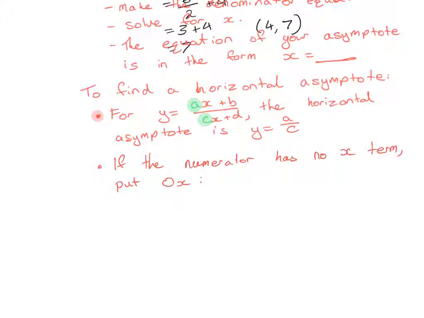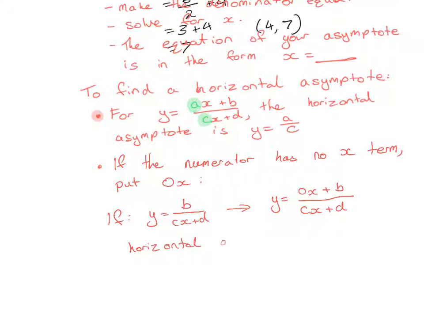So in other words, if you have y equals like b on cx plus d, then you make it y equals 0x plus b on cx plus d. So then the horizontal asymptote is y equals 0 on c, or in other words, just 0, because they're the coefficients of x.